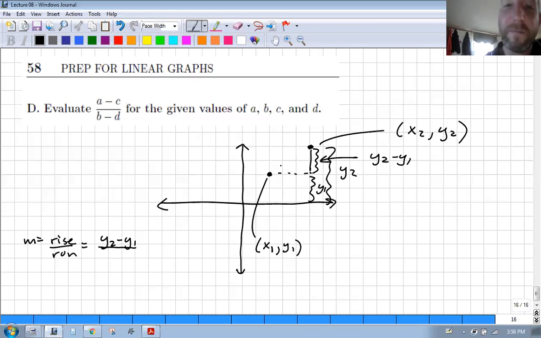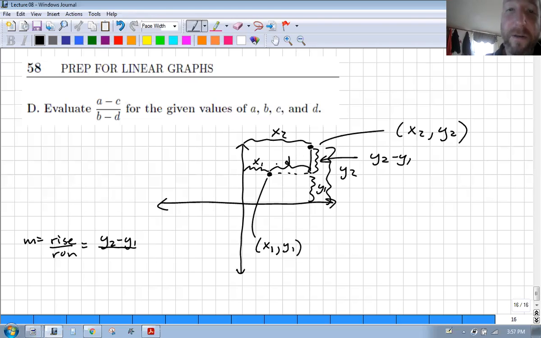And the run, that's between the 2 points. That would be right here. This is your run, right? So there's your rise, there's your run. So this is your X2, this is your X1.